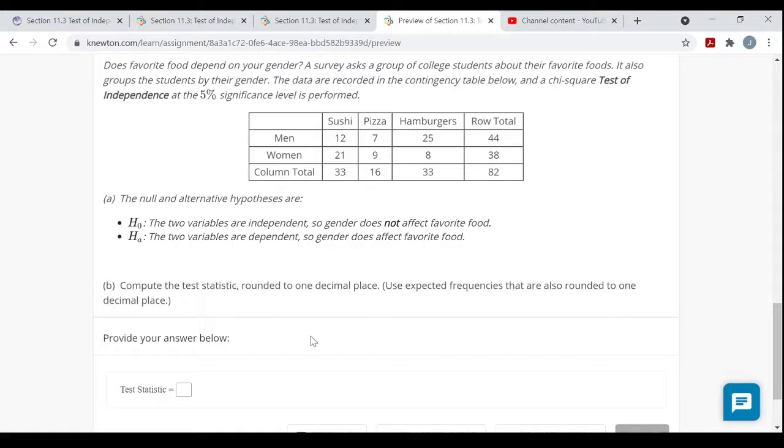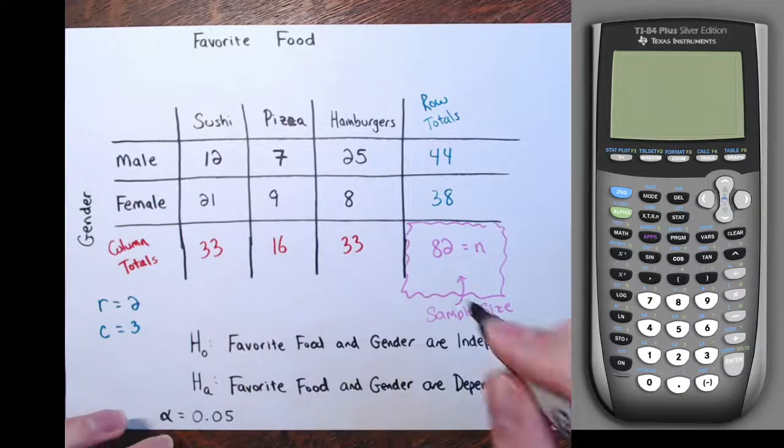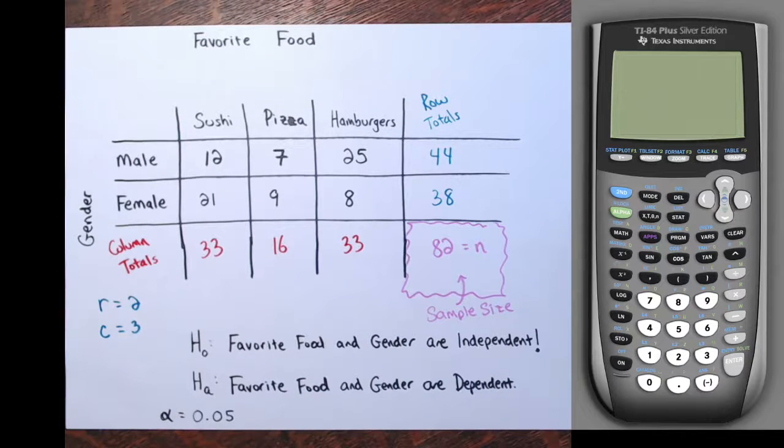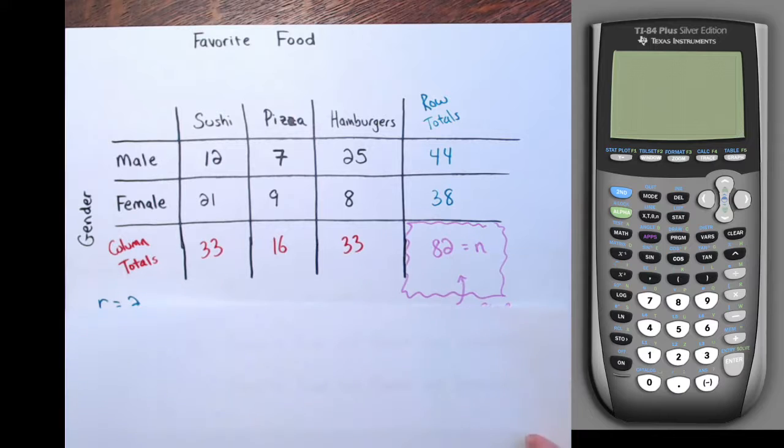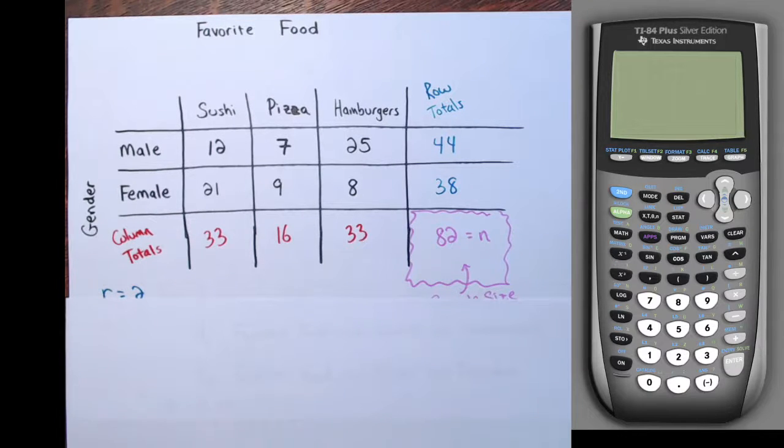So first I want to go back to my paper here and talk about those expected frequencies. We'll make a table of expected frequencies. Now, if you recall, hopefully you saw my videos. If not, go look at those now if you want. There was another objective where you were asked to calculate the test statistic for a test for independence.